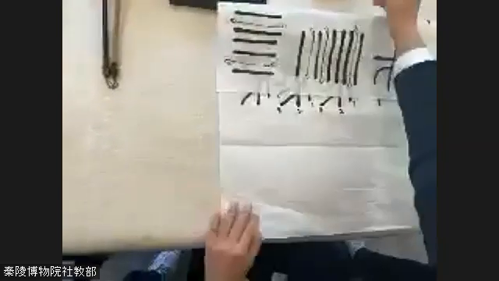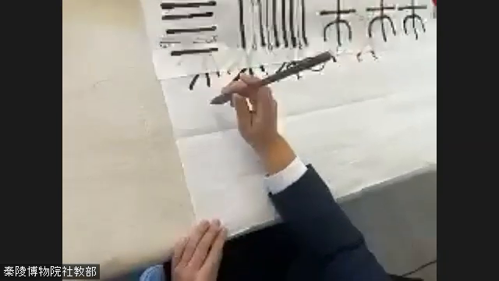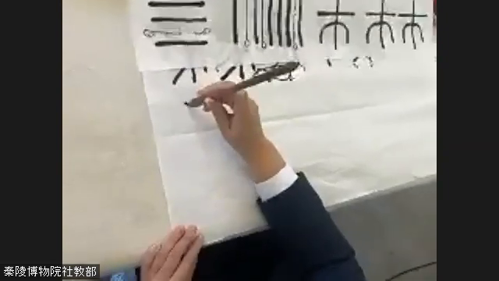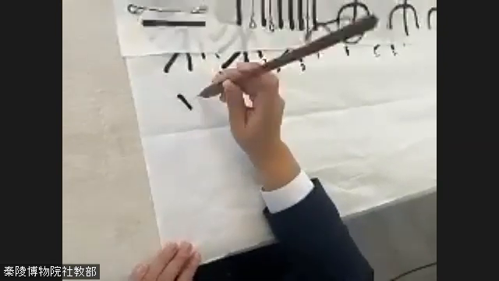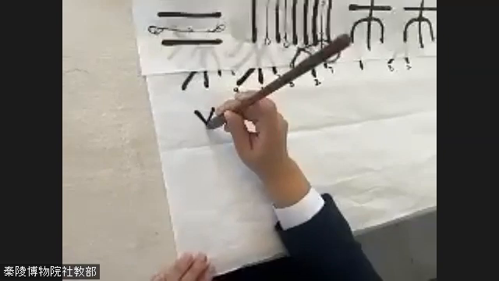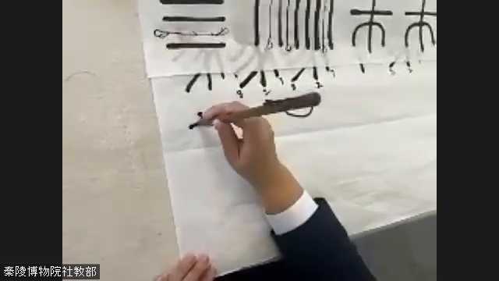And later you can try to practice after the class, because those 2 words are much more difficult than the ones we learned before, 美国. So now she's writing 美.